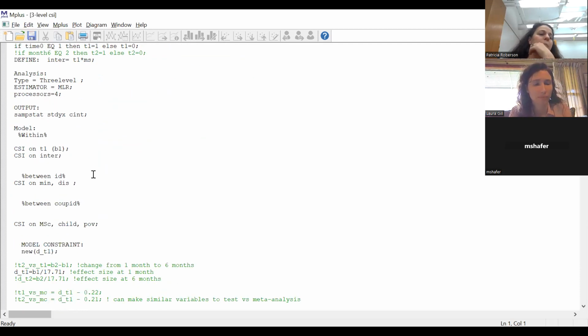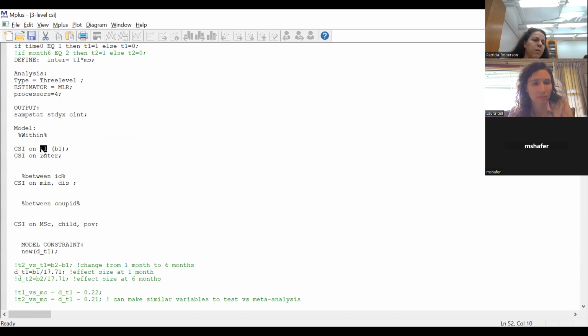So in Mplus, you have within and between, so it kind of goes back to using ANOVA and repeated measures ANOVA estimates of within and between effects, which is lovely and confusing. Within is the first level model. So you see I have CSI on time.